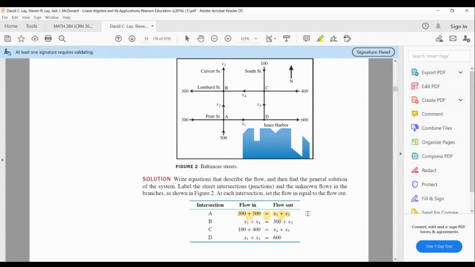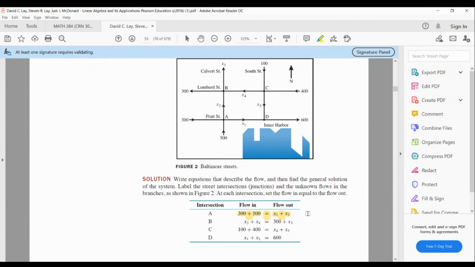What they're doing is giving a little flexibility here for things to be operating properly. If 800 cars come into that intersection in an hour, you need to have 800 cars leave that intersection in an hour, at Junction A between Pratt Street and Calvert Street.